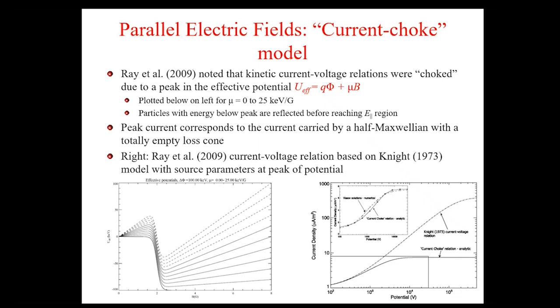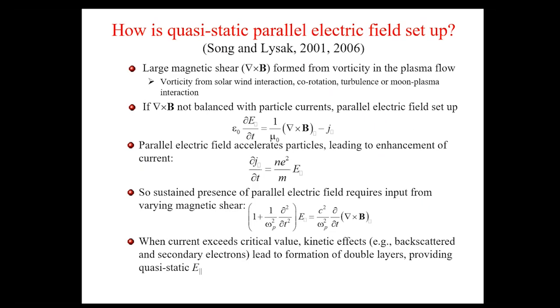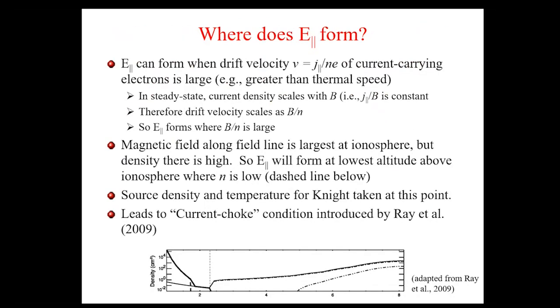In fact, the ones that are in the dashed lines here are the ones that actually are reflected before they get to the ionosphere. The ones in the solid lines would be the ones that contribute to the field-aligned current. And of course, what this does is it limits where this peak should be. But this peak tends to happen in this place where the density is very low.